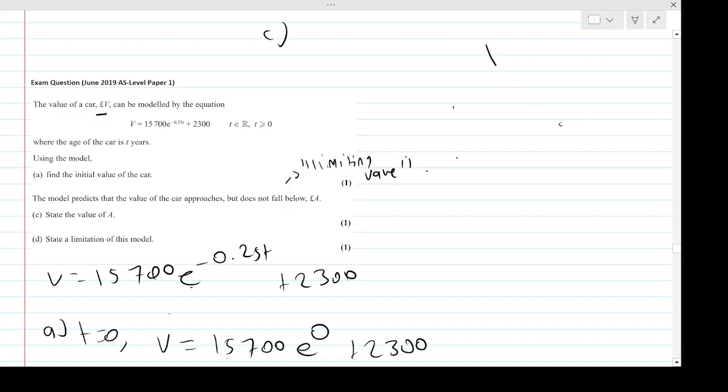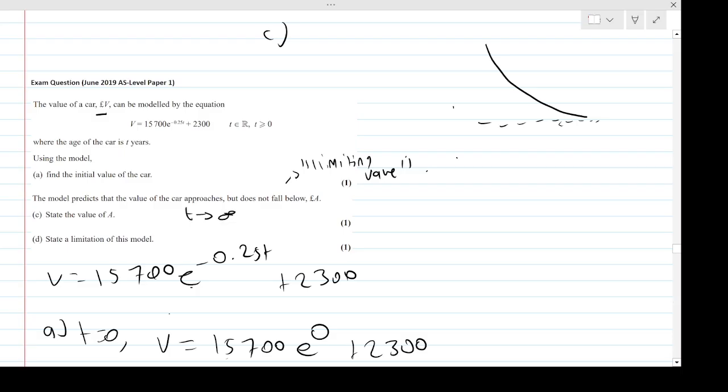It tends towards an asymptote. This is the limiting value. To work that out, the limiting value is ongoing, so it's basically what happens in the long term. That happens when t goes to infinity.